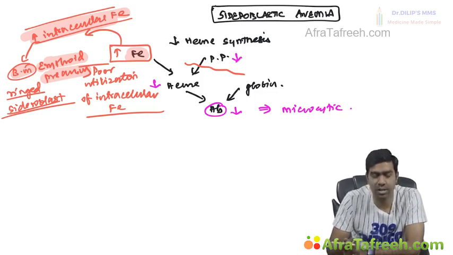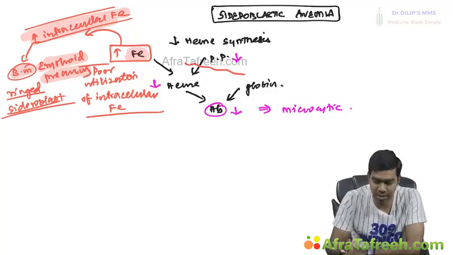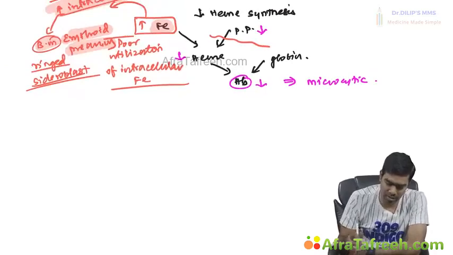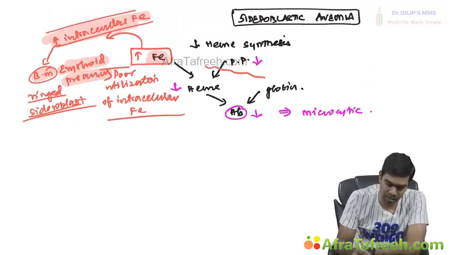This is what is going to cause the sideroblastic anemia in the first place. Where will the iron accumulate intracellularly? Within the mitochondria.